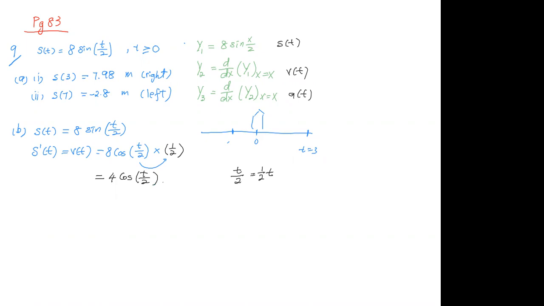Okay, so now Part C. Is the dog moving to the left or to the right after 4 seconds? So direction, we look for V, correct? So you look for V4. So you can use your calculator straight away, call out Y2, 4.